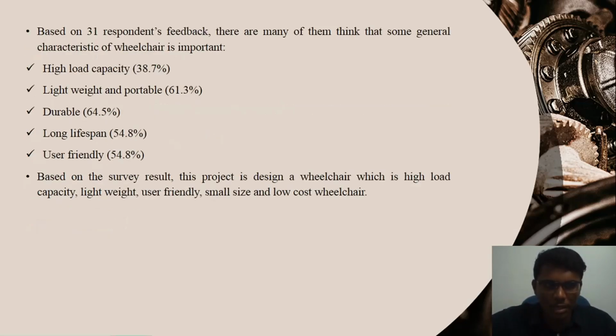Based on feedback from 31 respondents, many of them think that some general characteristics of a wheelchair are important: high load capacity 38.7, lightweight and portable 61.3, durable 64.5, long lifespan 54.8, user friendly 54.8.